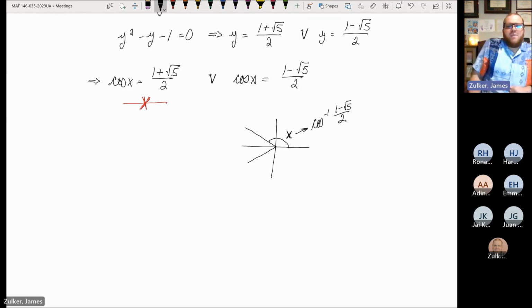If we take the inverse cosine of 1 minus root 5 over 2, we get that quadrant 2 angle. This angle here has to be the same. But we want this.